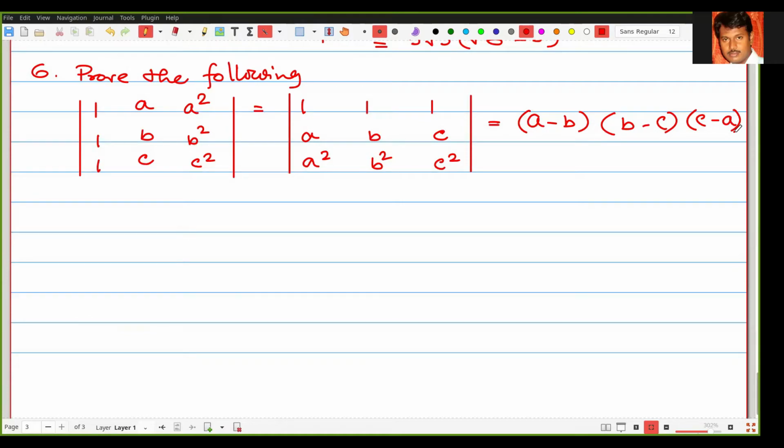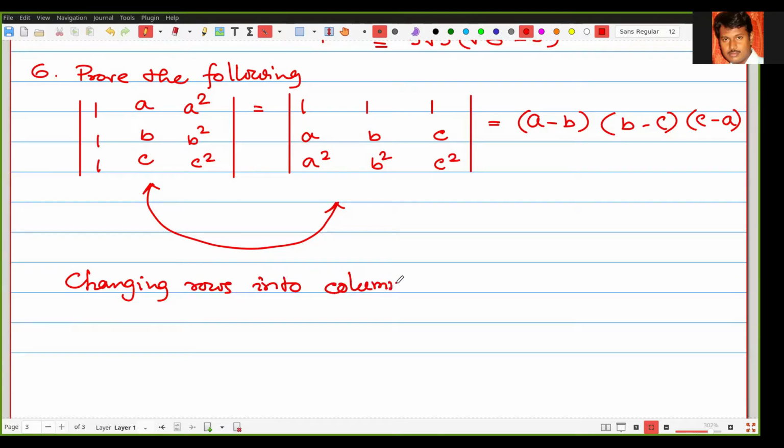Now, from the very first one, that means the two determinants, we are changing the rows into columns and the columns into rows.